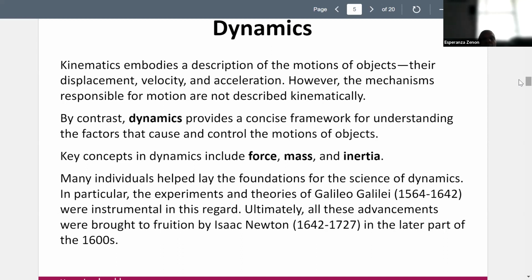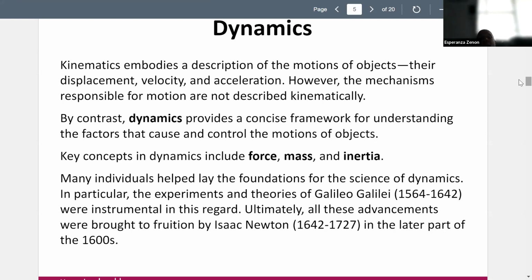In order to talk about the things that are responsible for the motion, we move to a dynamics description. So in dynamics, we start to look at the factors that cause and control motion, okay?